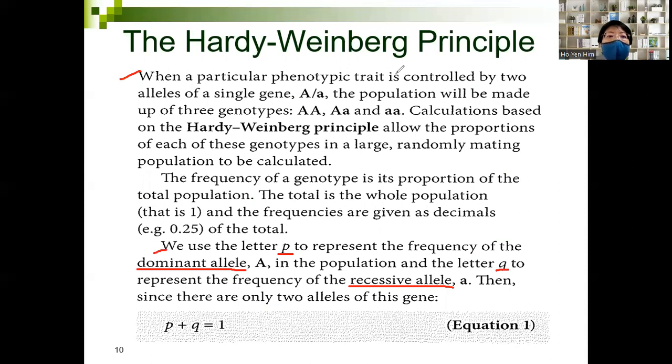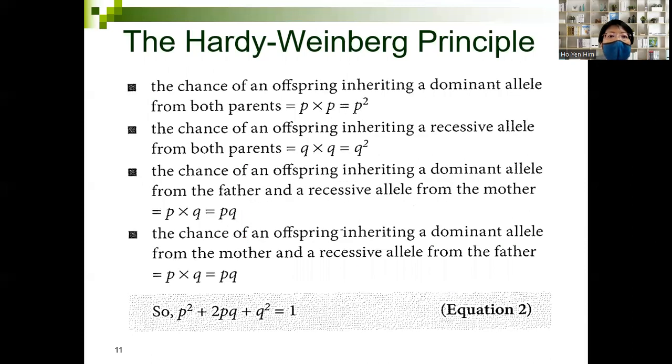Okay, next. The chance of an offspring inheriting a dominant allele from both parents. In a population, we have small p to represent the proportion of dominant allele, small q to represent the proportion of recessive allele. For an offspring, what is the chance of inheriting the dominant allele from both parents?